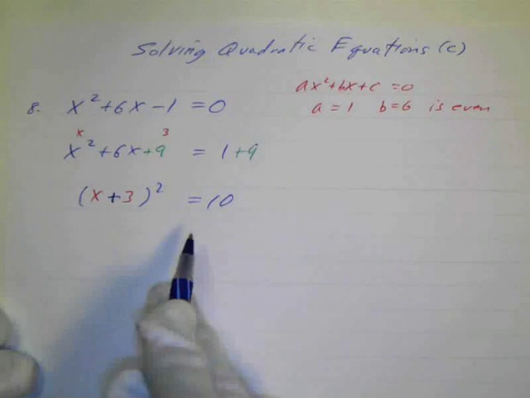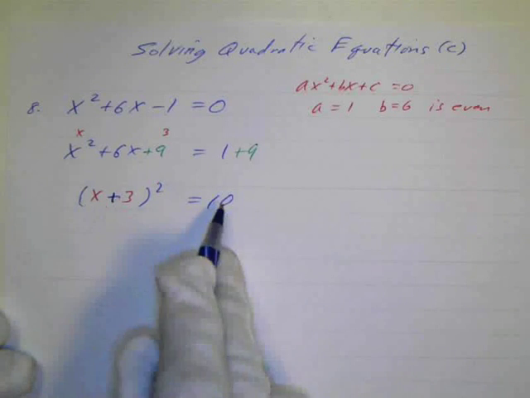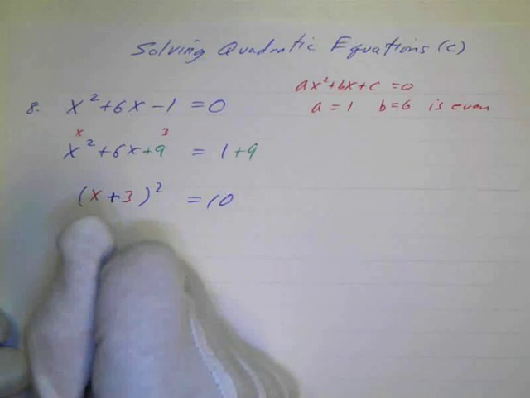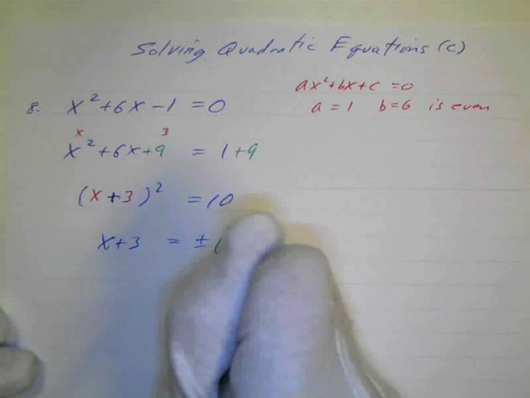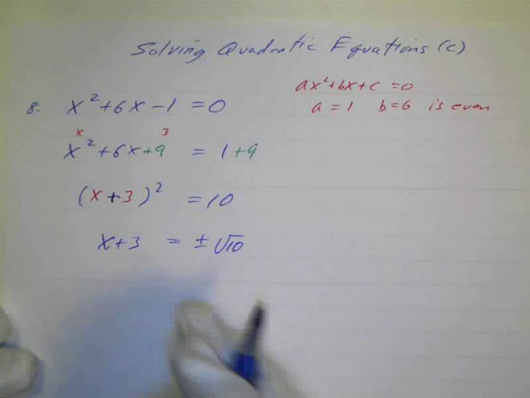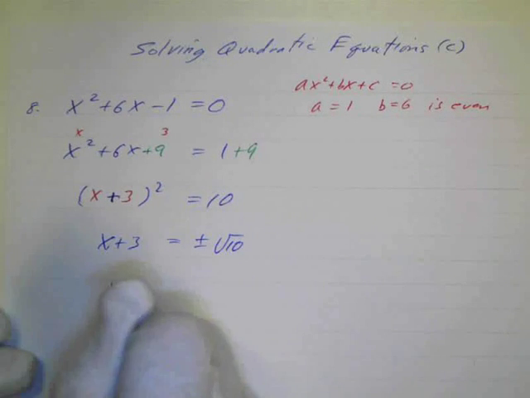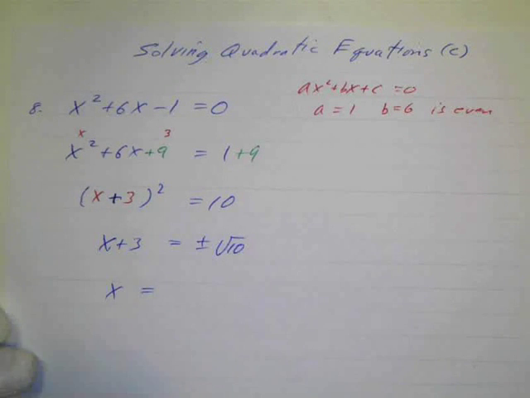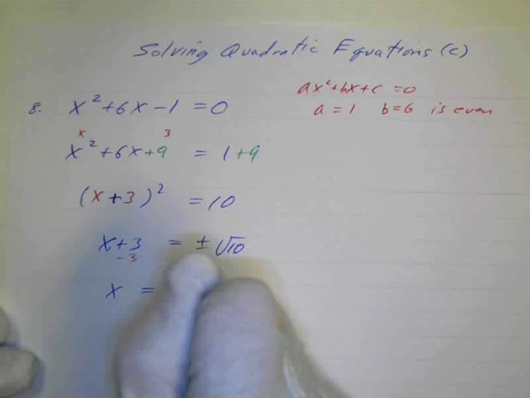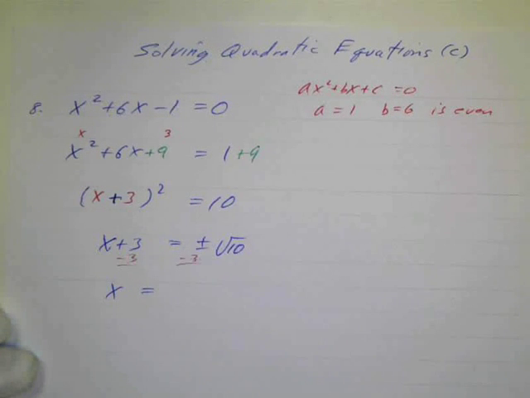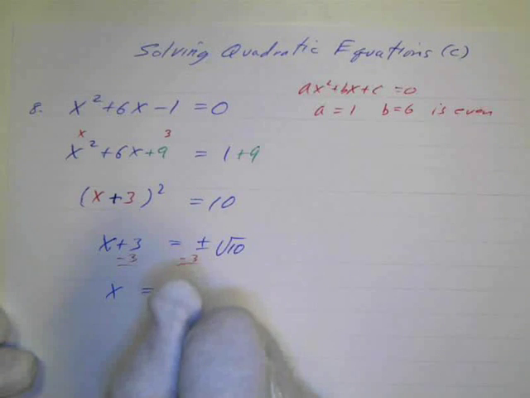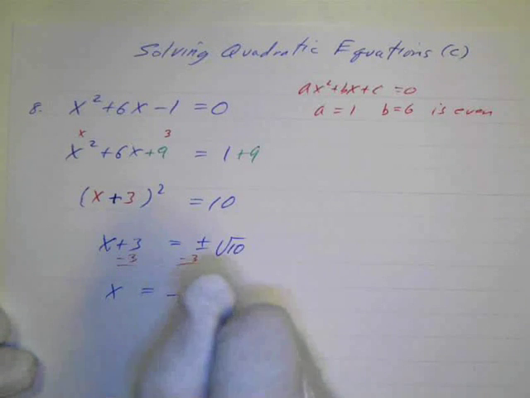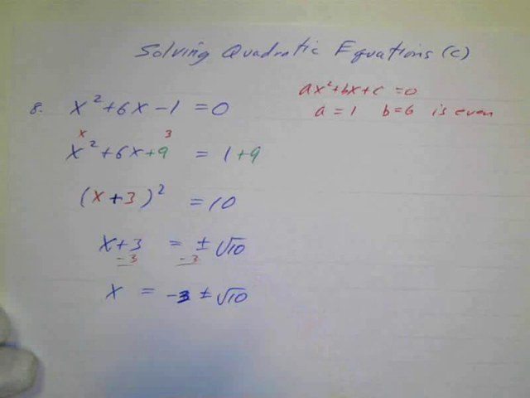And now we're back to some problems we saw earlier. If something squared equals 10, then that something equals plus or minus the square root of 10. So if I subtract 3 from both sides, x equals negative 3 plus or minus the square root of 10.